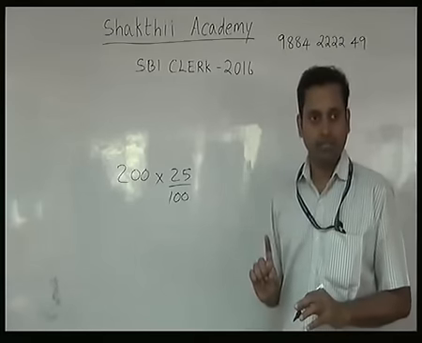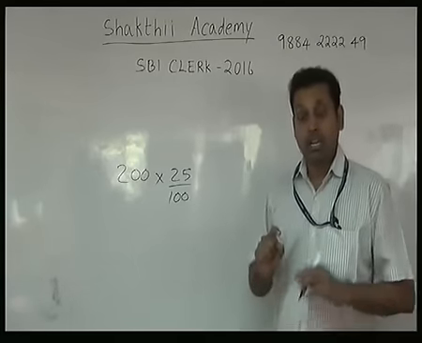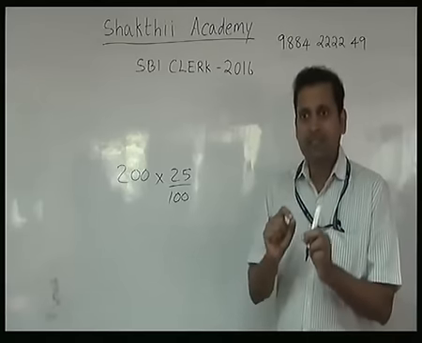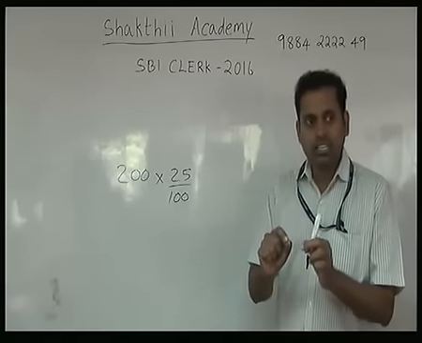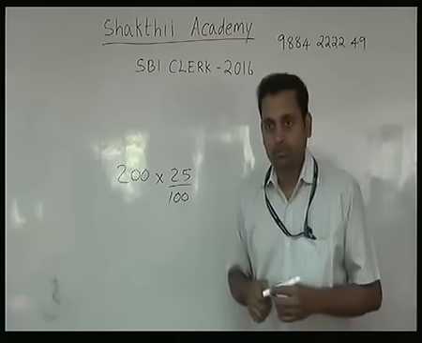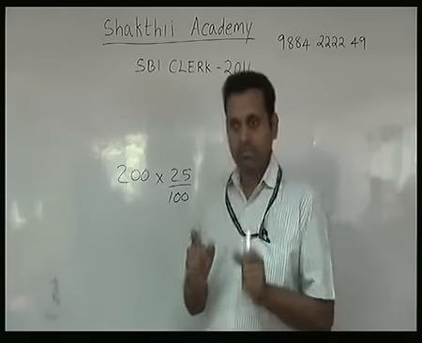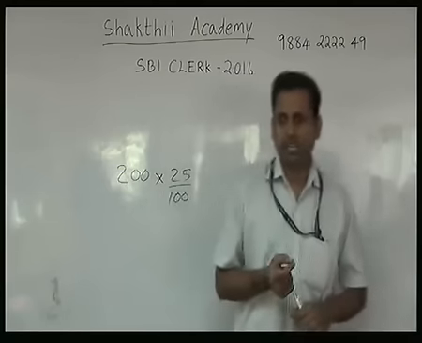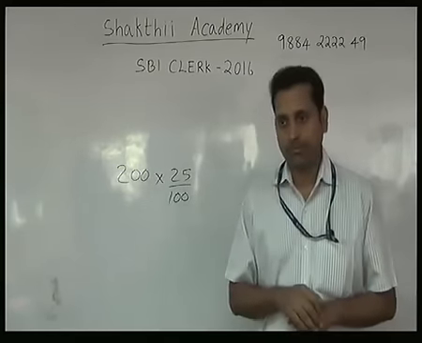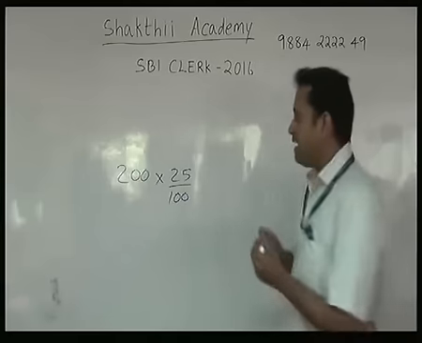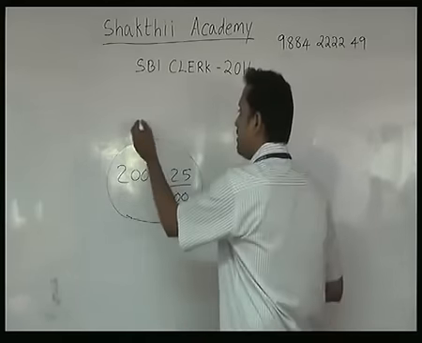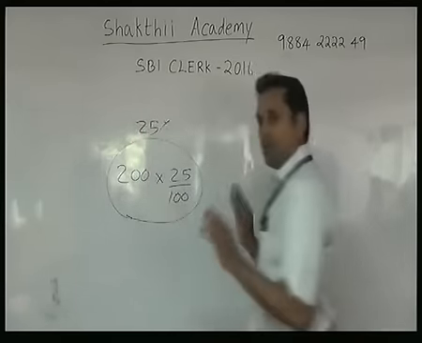Is it clear? Suppose it is given that 200 is a value increased by 25%. Then what is the new value? When I calculate the percentage, I will get exactly 25% of the value.